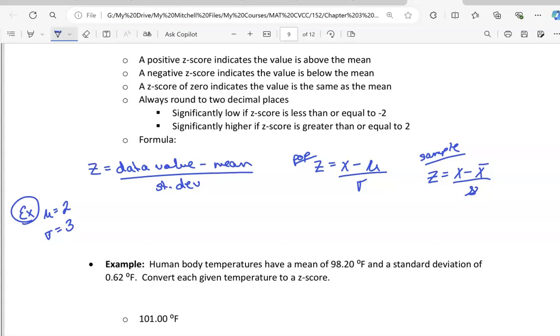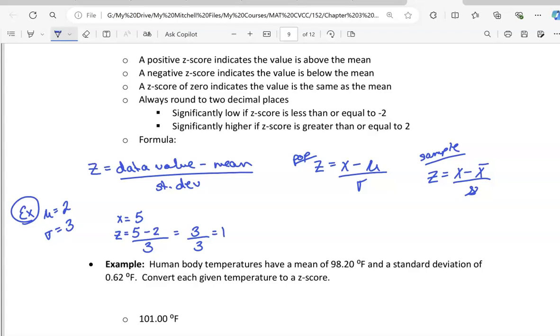And let's say we're looking at the x value of 5. So our z-score would be x minus the mean divided by the standard deviation. So I'm going to get 5 minus 2 divided by 3. And 5 minus 2 is 3. And 3 divided by 3 is 1.